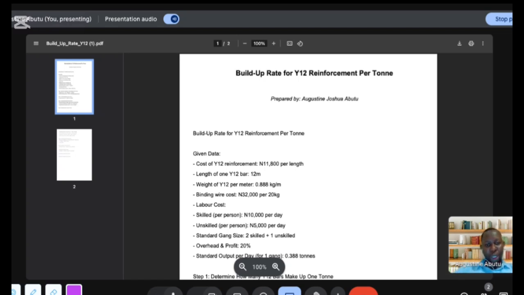So for us to be able to achieve that, we need to be able to know the weight in kg. Then we will now have to convert it to tons, so that we'll be able to know how many length we have in 1 ton. Please follow me so that you will not be confused.